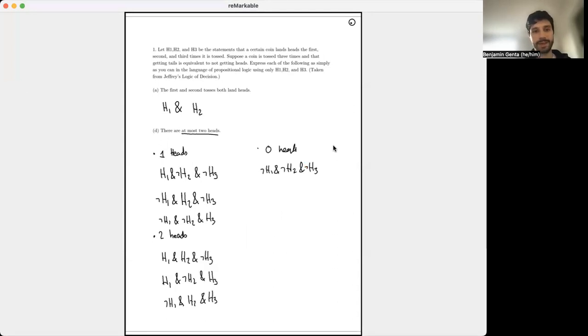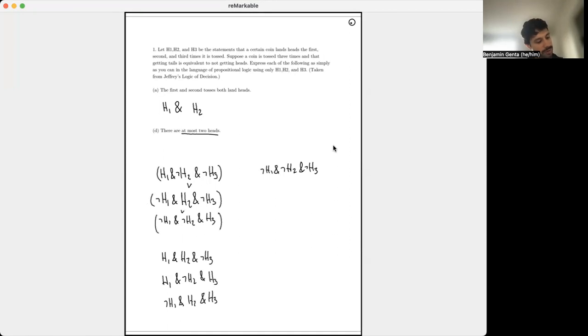It's a bit long to write, but writing it logically really sets every possible outcome apart. And so right now we're done. We can erase the words, and you can just connect all of these with an or.